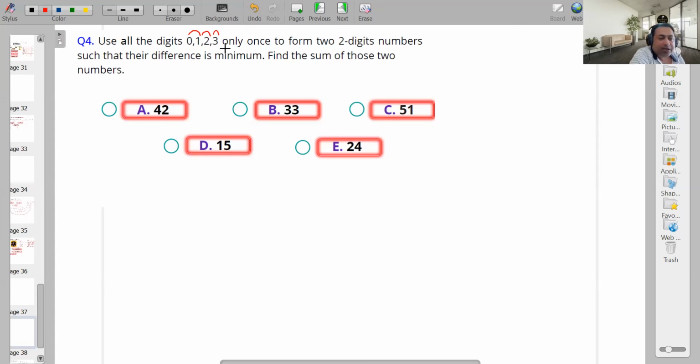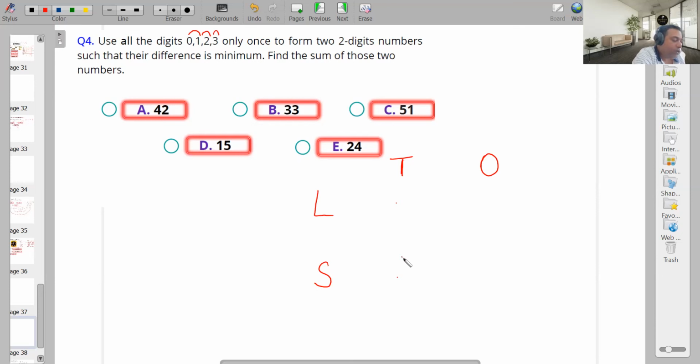So there'll be at least a difference of 10 between the two numbers, right? So let's say the larger number is L and the smaller number is S. Here we have tens place and ones place. In the larger number we can have 1 and here we can have a 0, or we can have a 2 and a 1, or a 3 and a 2.